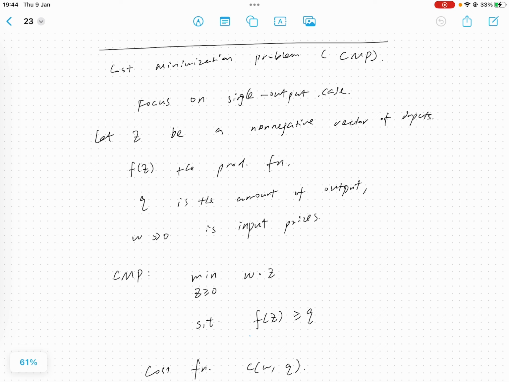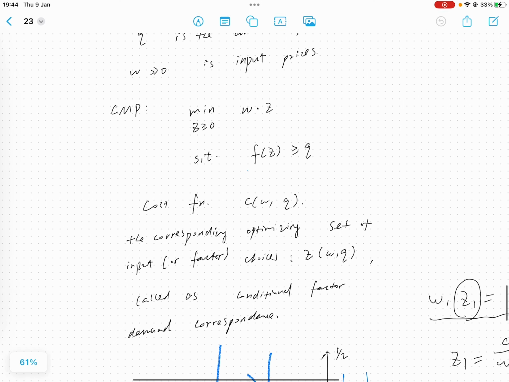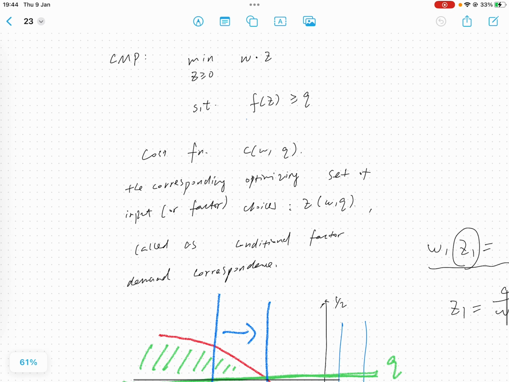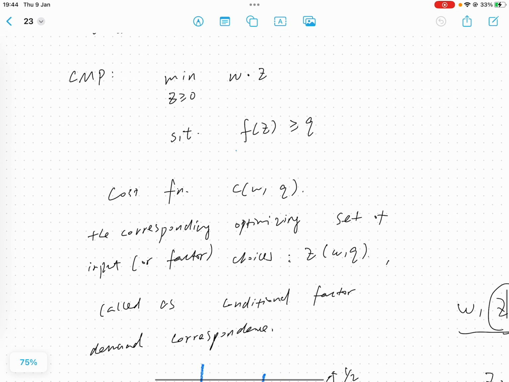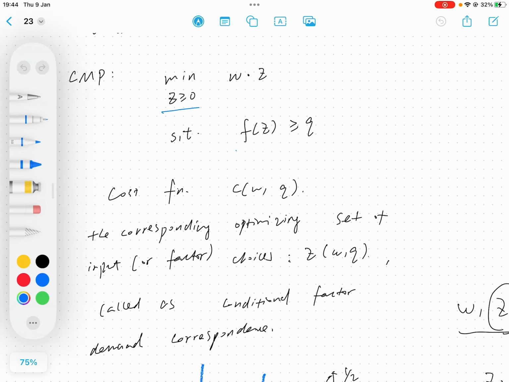So q is the amount of output, and w is a positive vector of input prices. To formalize, this is the minimization problem: by choosing the level of inputs z, we try to minimize the cost, which is the inner product of w and z.